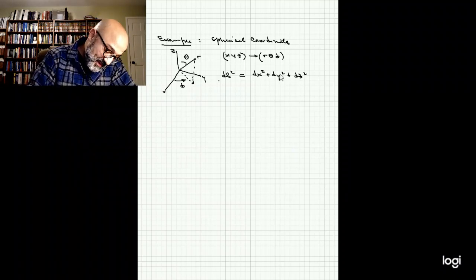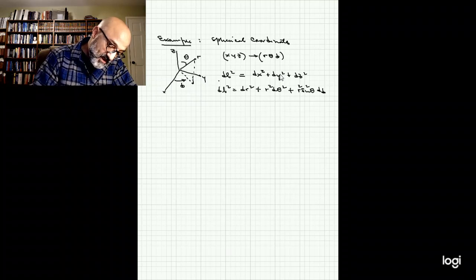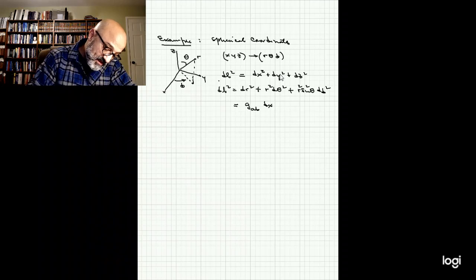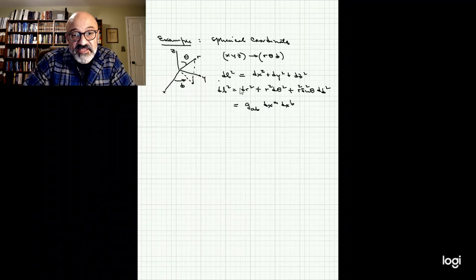In spherical coordinates, Pythagoras theorem looks like dr squared plus r squared d theta squared plus r sine theta squared d phi squared. So this is the object that we're going to write as G_AB dx^A dx^B, where x^A takes the values r, theta, phi.